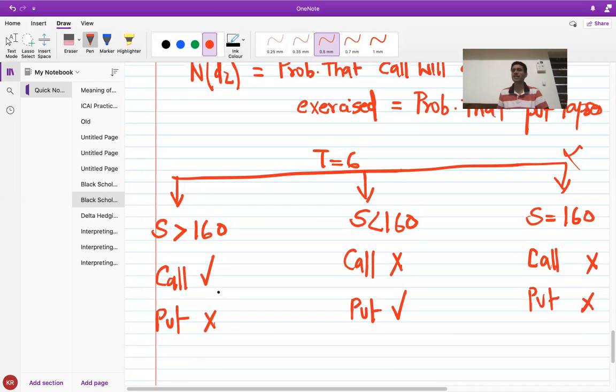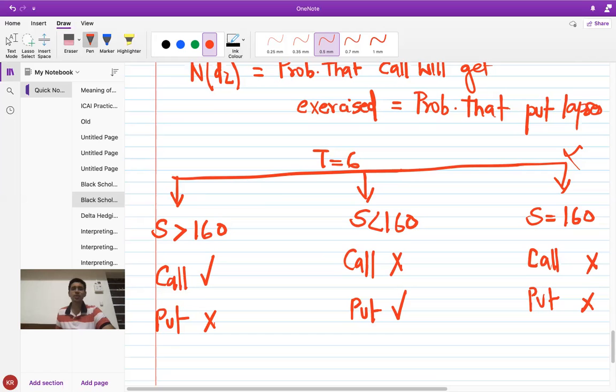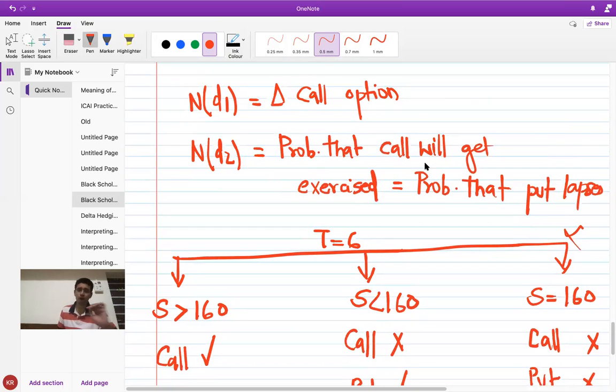There cannot be a case where call is getting exercised and put is getting exercised. So N(d2) is not only the probability that call will get exercised, it is also equal to the probability that a put option will get lapsed.